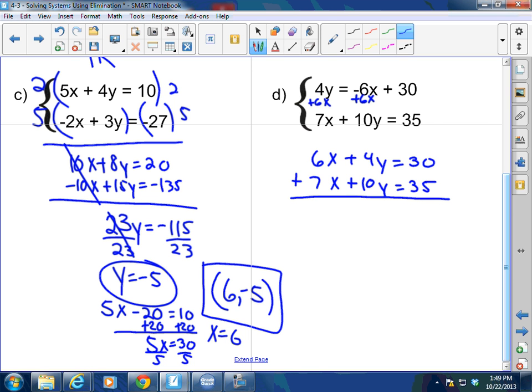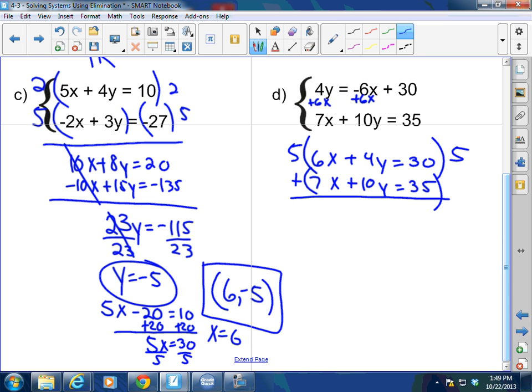Who do you want to get rid of? Because I don't care. The y. Okay. What do you want to multiply the top by? By positive 10? Okay. 10 works as well. Oh, yeah, you could have done 5 to make it 20. Do you want to do that instead? Okay, that is a much better route.